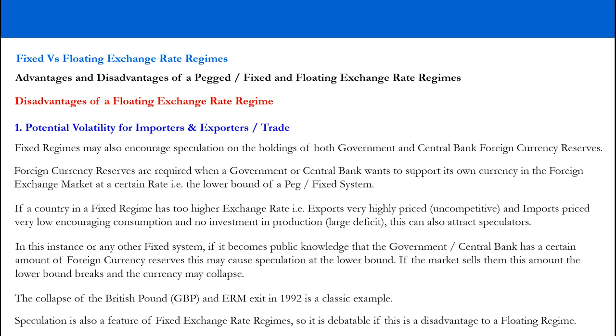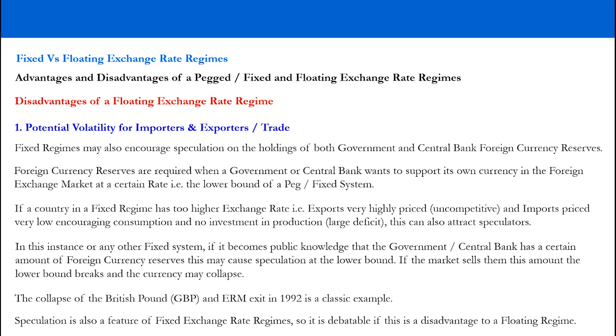fixed system. A fixed system usually has a lower and an upper bound, where basically, if the currency value goes below a certain level or touches a certain level, the central authority will use foreign currency reserves in order to buy their own currency in the open market in order to support the currency.